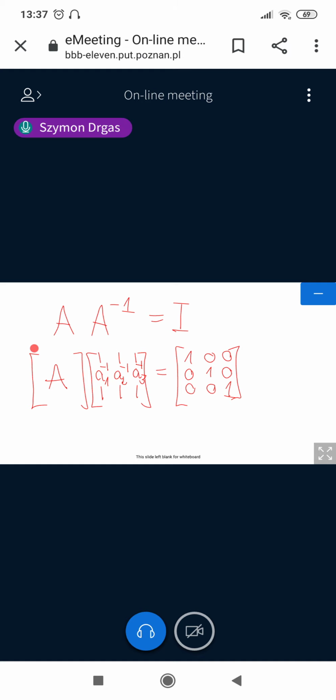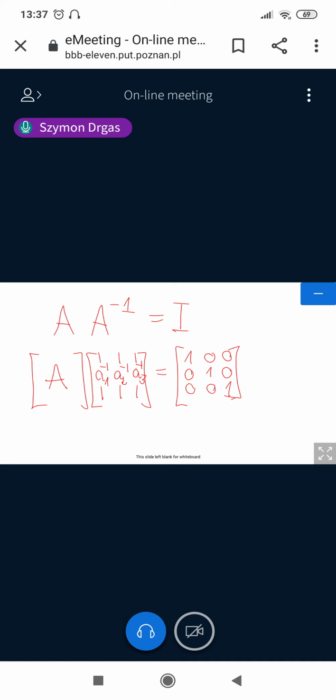And from the previous classes, I hope that you remember that each column of the resulting matrix, when you multiply matrix by matrix, is a combination of columns of the left-hand side matrix, and the coefficients of these linear combinations are in the respective columns of the right-hand side matrix.